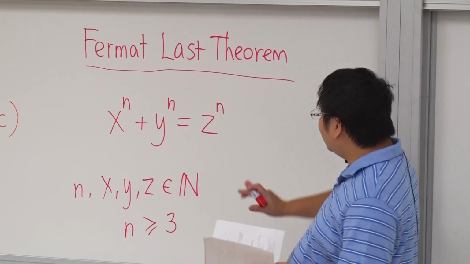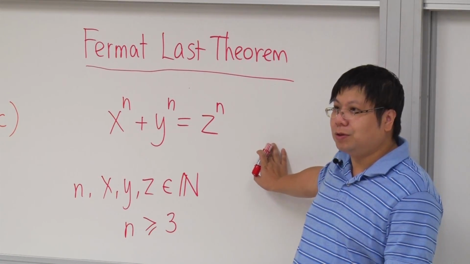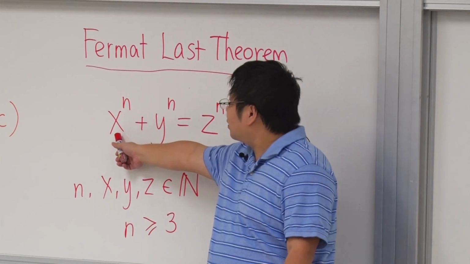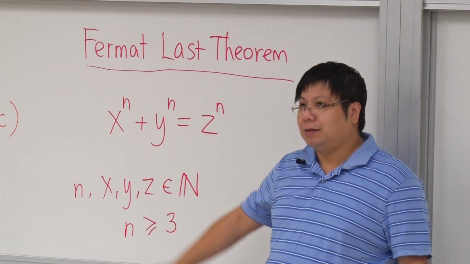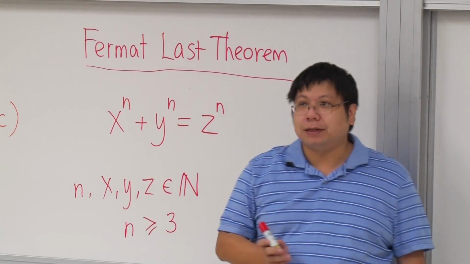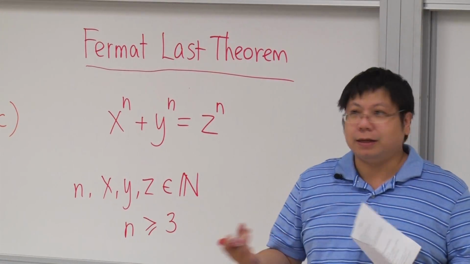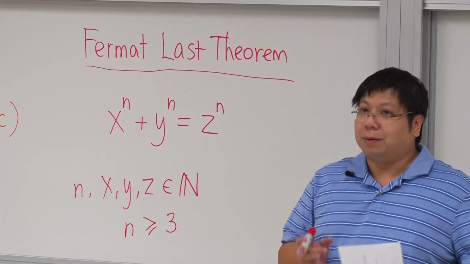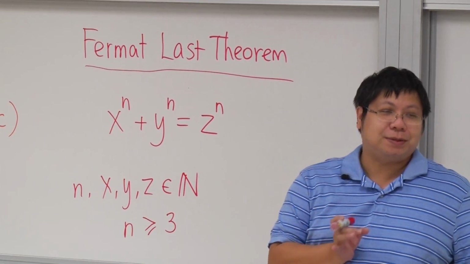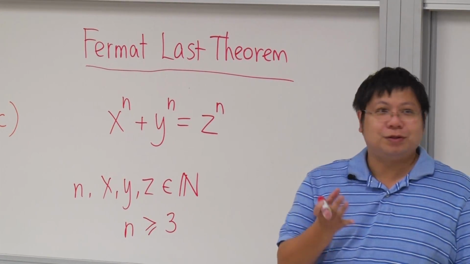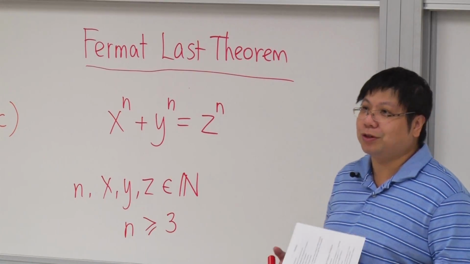Nobody knows whether it is a yes or a no, whether we can find integral solutions x, y, z, and n that satisfy this. Although a couple of cases are known, so for a certain number of n, it is known that it is impossible. But then computers also help us to verify, to suggest that there is no solution.